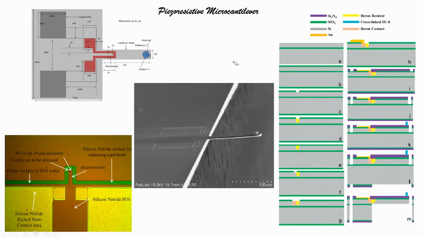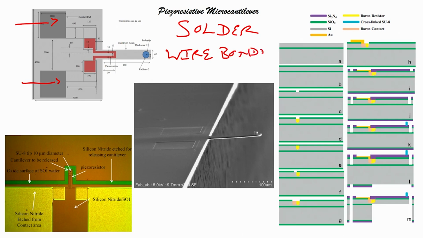Two processes. Once we perform soldering or wire bonding, we can measure the resistance.